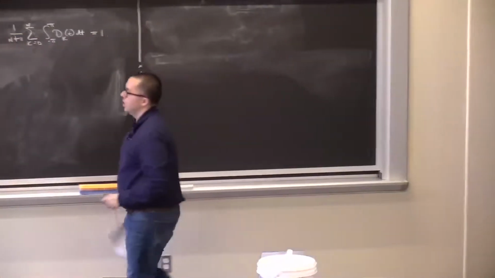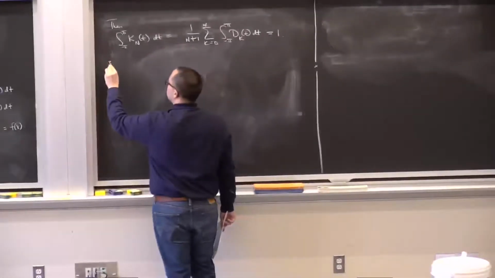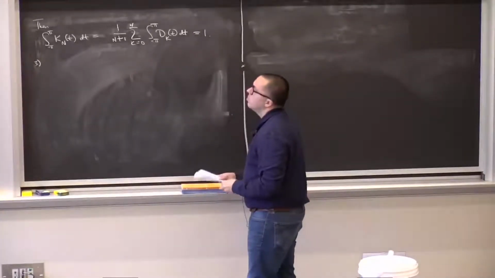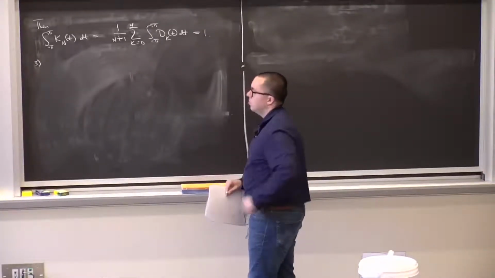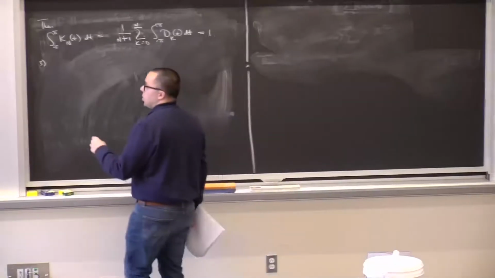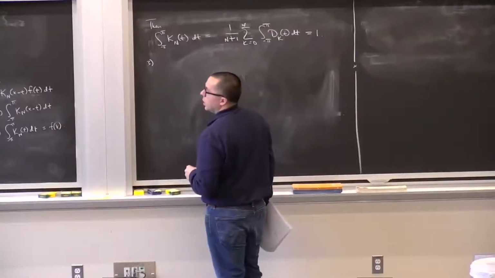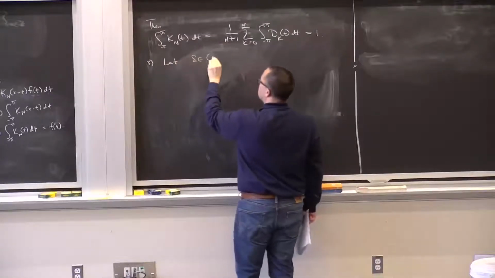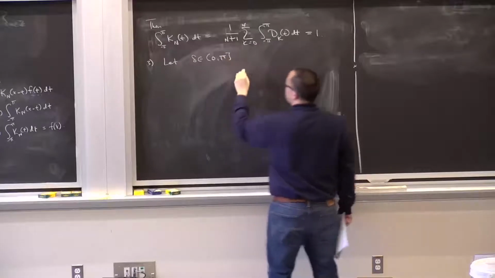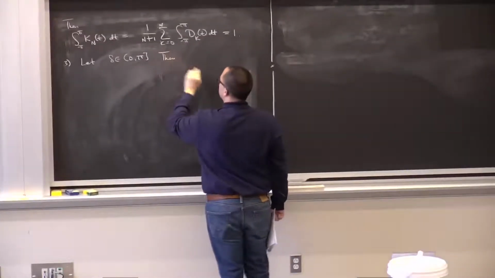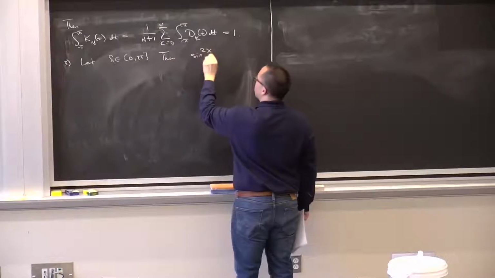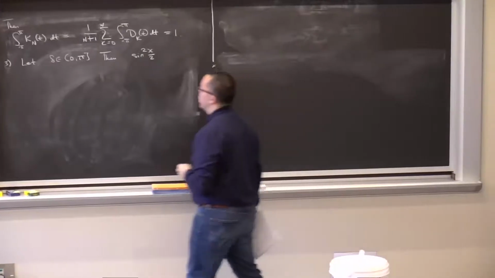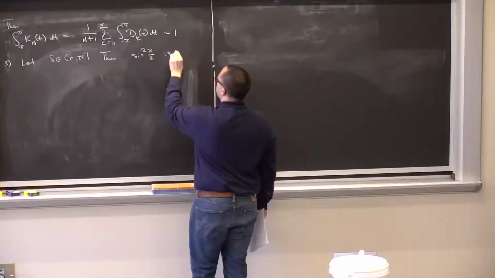And for the third property, what do we have? Then the function sine squared x over 2, what does it look like?